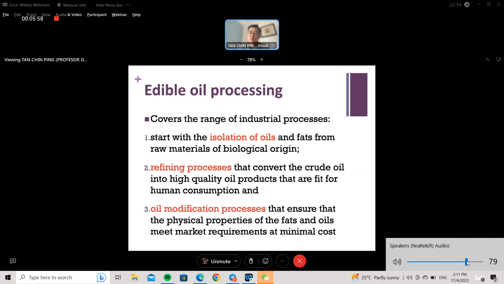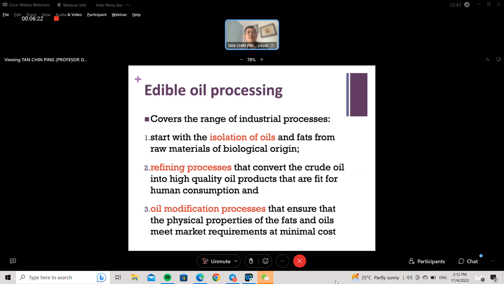Then we will go into refining processes, which is right after you come back from Raya. Once you come back from Raya, the week starting from 1st of May, which is good for you, it is a public holiday Monday, so therefore we will not be able to have both lab and lecture schedule.